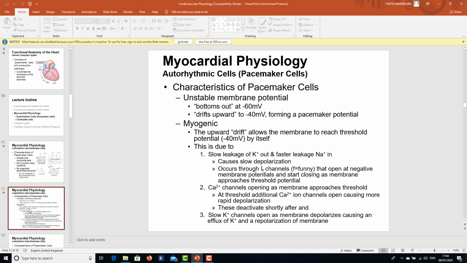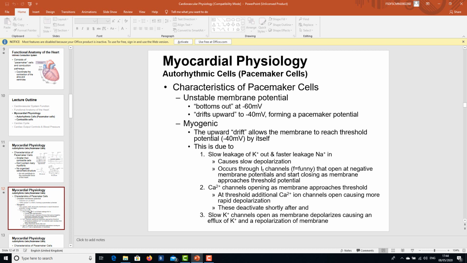Then we have the myogenic. The upward drift allows the membrane to reach threshold potential, which is minus 40 millivolts, by itself, and this is due to slow leakage of potassium out and faster leakage of sodium in, causing the slow depolarization, and it occurs by IF funny channels that open at negative membrane potentials and start closing as the membrane approaches threshold potential.